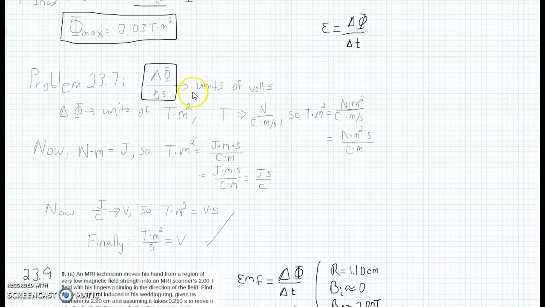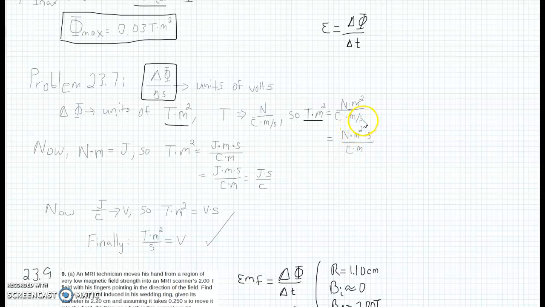Now the first thing to do here is to note, once again, that delta phi has units of Teslas times meters squared. Now Teslas have the units of newtons per coulomb times meter per second. So when I multiply my Teslas by meters squared, I get newtons times meters squared over coulombs times meters per second.